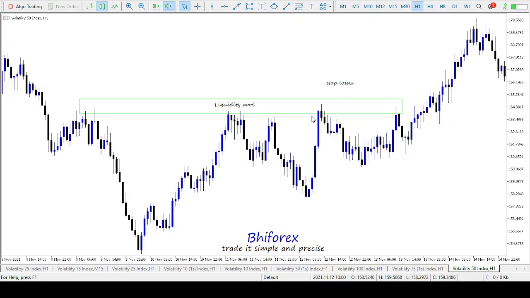It's very simple. The explanation is that while price was staying here, they were doing that on purpose in order to lure in retail traders to start selling around this area so that they can put their stop losses above all these points, above all this area.